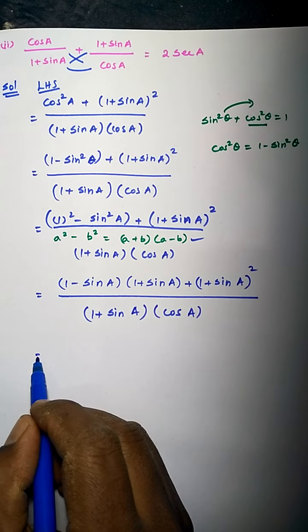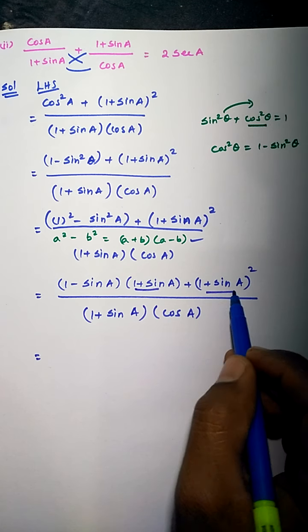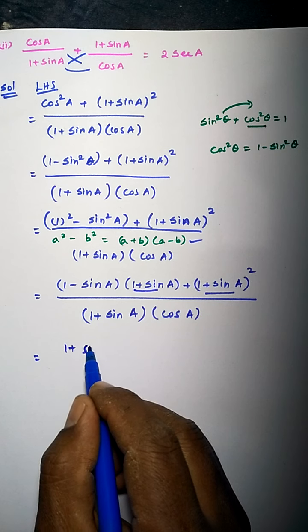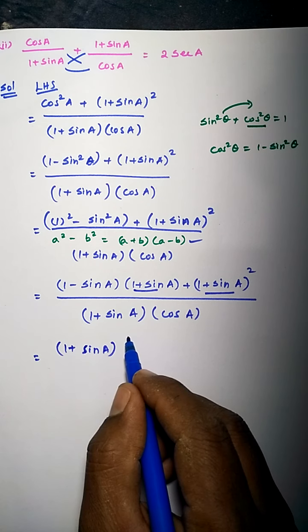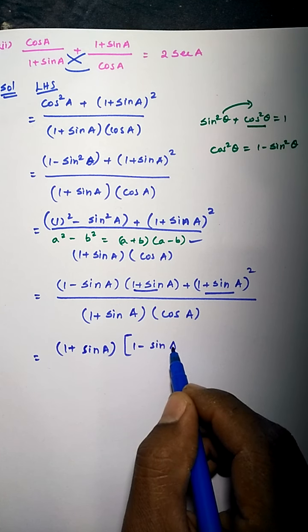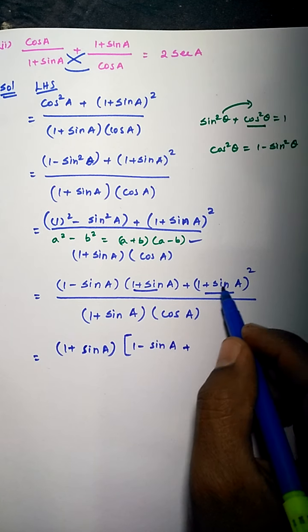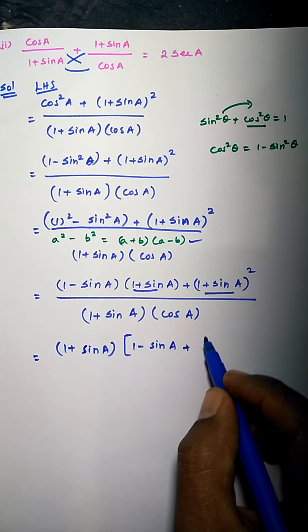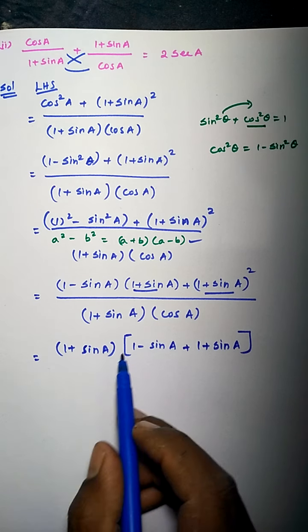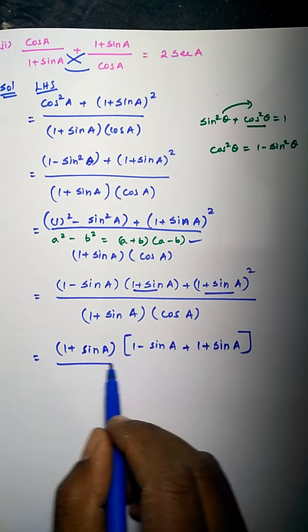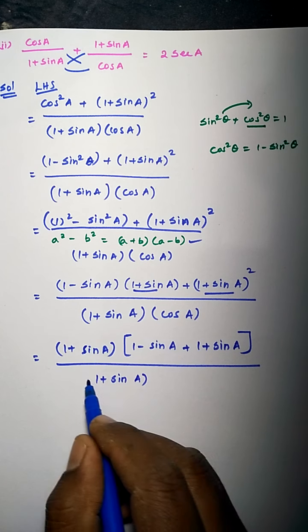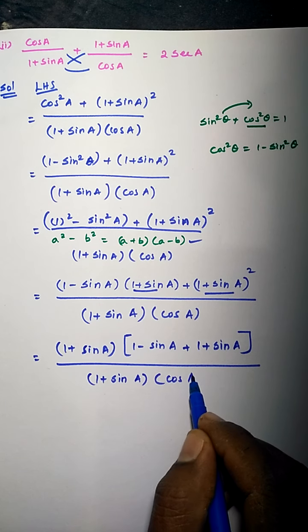In the numerator, 1 plus sin a you can take common outside. If you take 1 plus sin a outside, the remaining is (1 minus sin a) plus (1 plus sin a), by (1 plus sin a) into cos a.